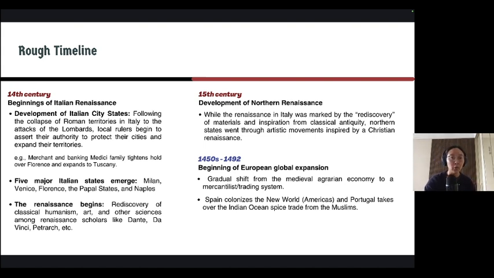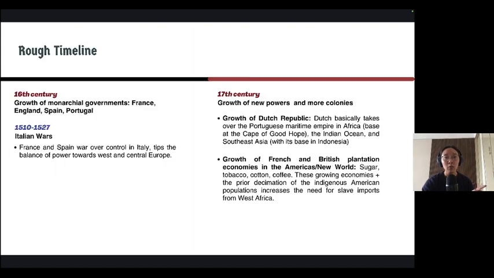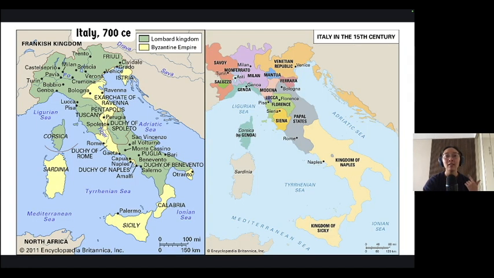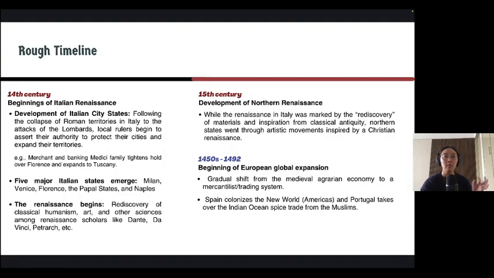So unlike before, where we were looking at specific dates, now we're just going to have a few specific dates, but what's more important is to be able to tell the story of how politics and I guess economic activities are expanding, contracting throughout different centuries. No? So, let's start with the 14th century.